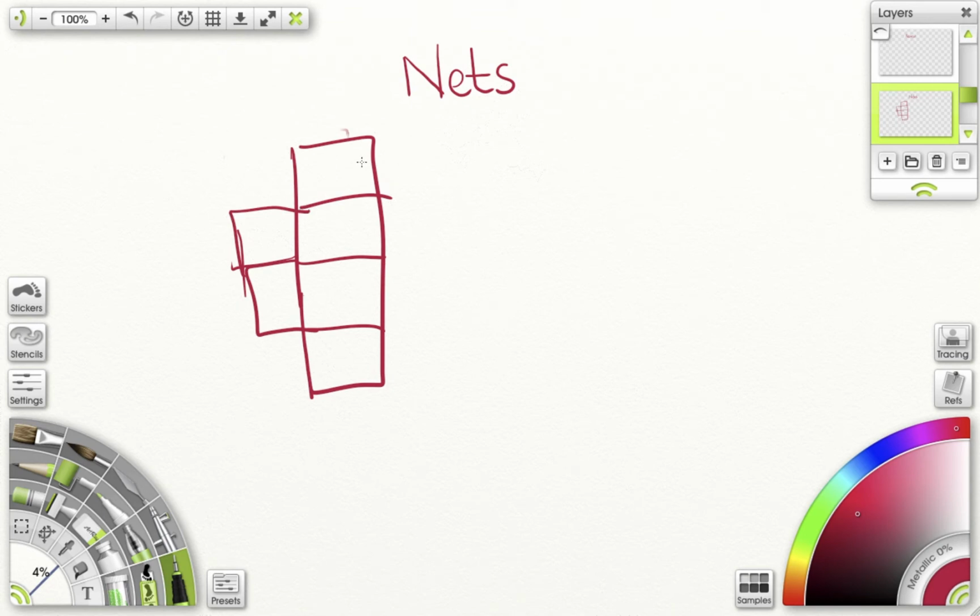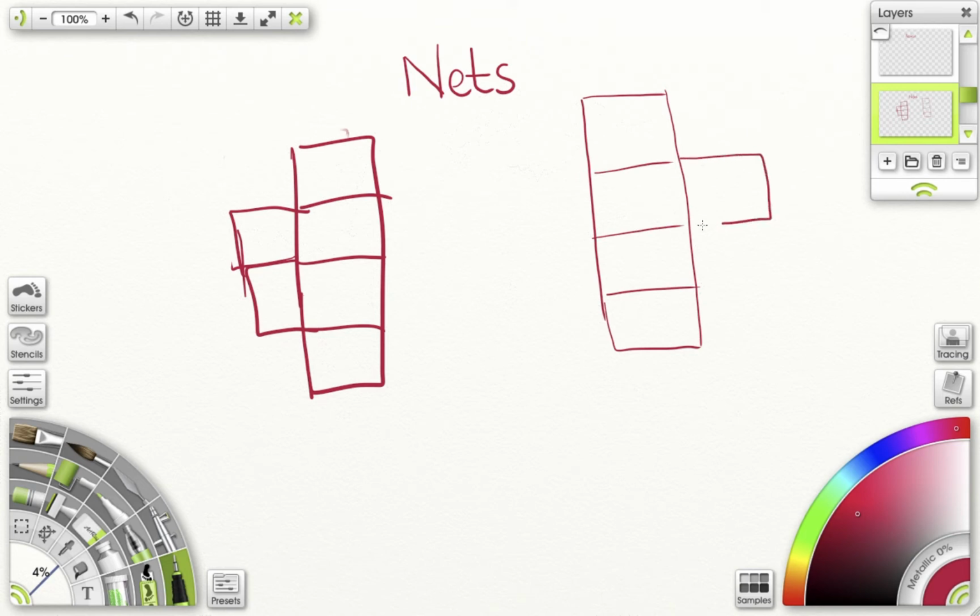Well, it does have 6 squares, 1, 2, 3, 4, 5, 6. However, we have to look at our characteristics of a cube. When we look at a normal net for a cube, or the nets that we're used to seeing for a cube, it has a line of 4 squares and then 1 on each side.